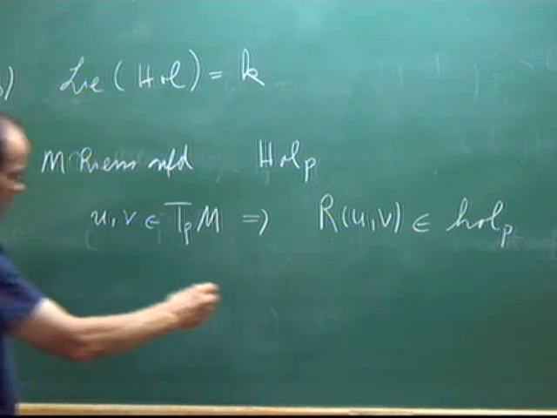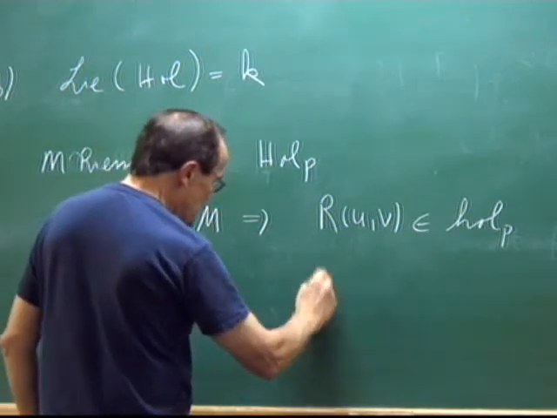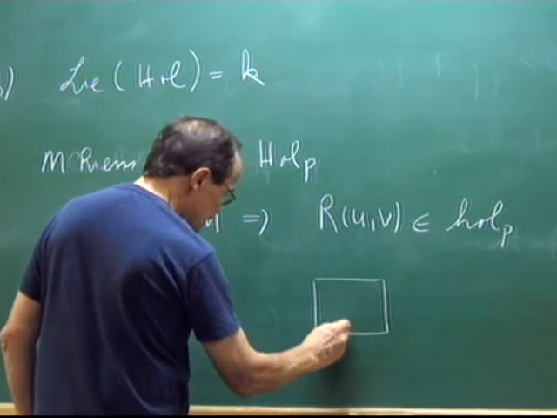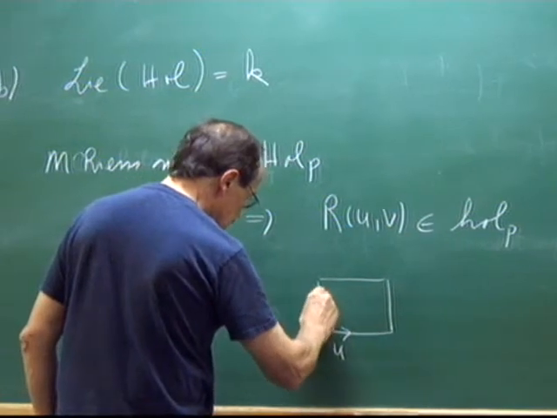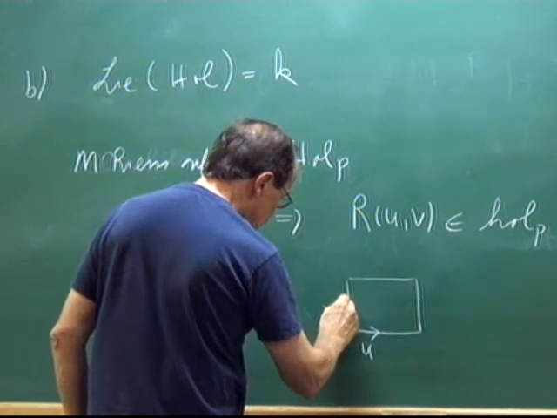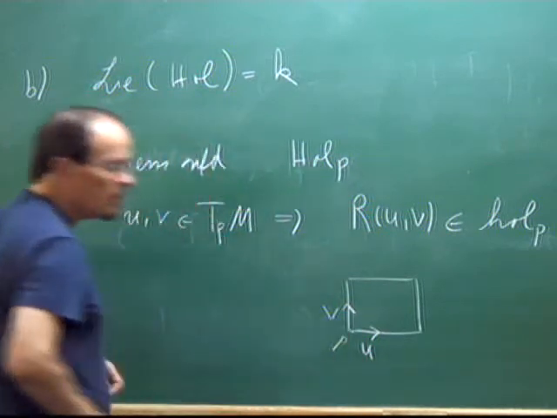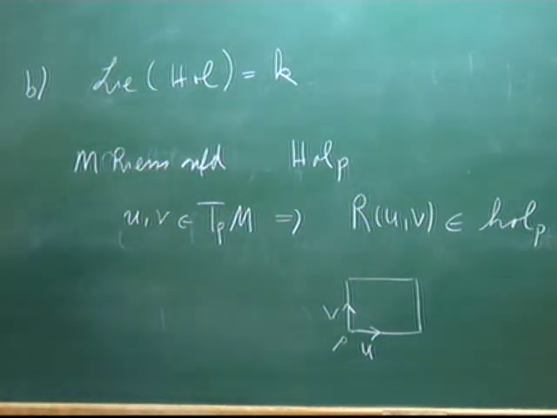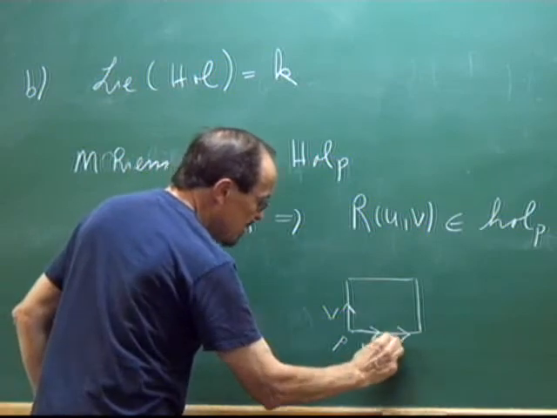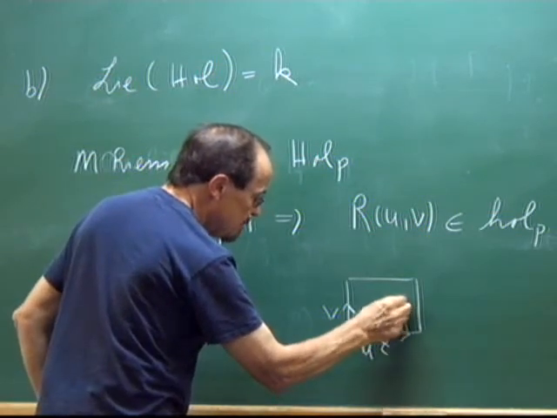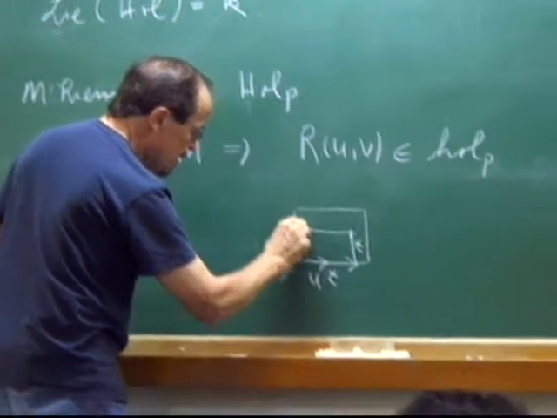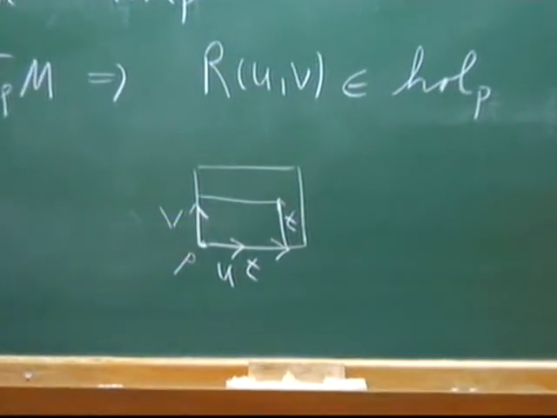This was because this can be described by parallel translation. We had this kind of picture. I take a mesh in the manifold, which at the point P starts in the direction of U for the x coordinate, V for the y coordinate, and then I go here time t, then I go here time t, then I go back. I get a closed path.